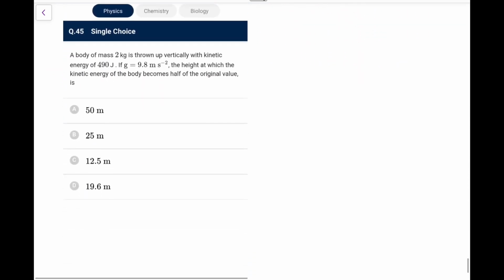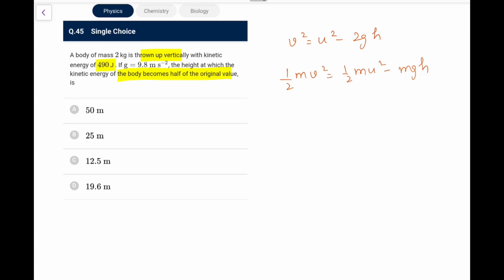Last one: a body of mass 2 kg is thrown up vertically with this kinetic energy. If g is this, find the height at which the kinetic energy becomes half of its original value. We know the speed at any height is v square equal to u square minus 2gh. If I multiply by half m, half m v square is half m u square minus mgh.